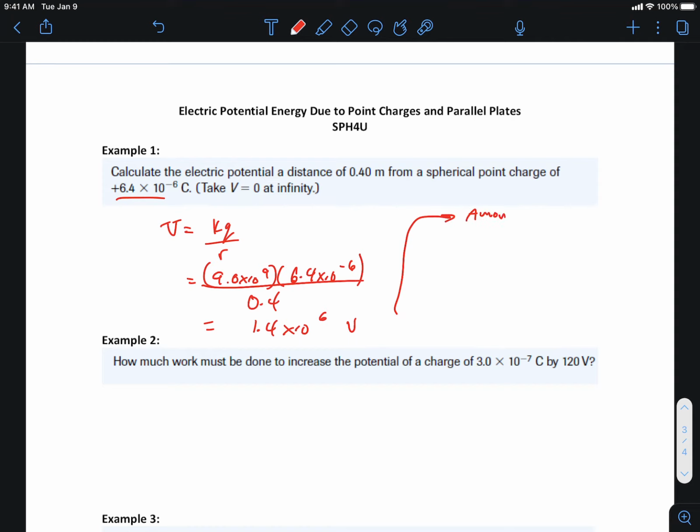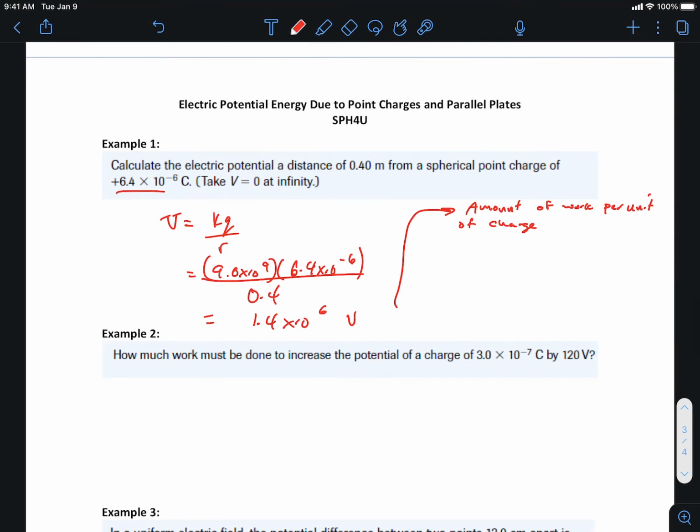It's the amount of work per unit of charge, and I'll go back and show you where that comes from, per unit of charge required to move the charge from infinity to 0.4 meters. So the last part of the question takes the potential energy to be 0 at infinity.